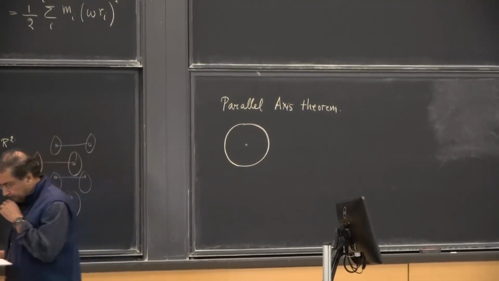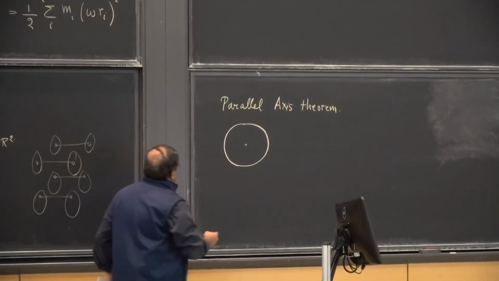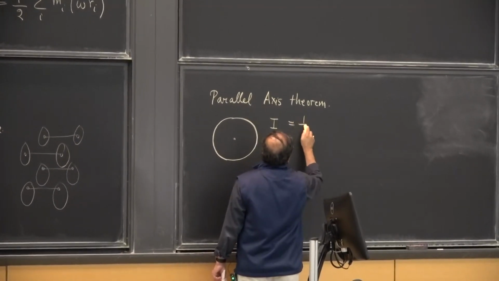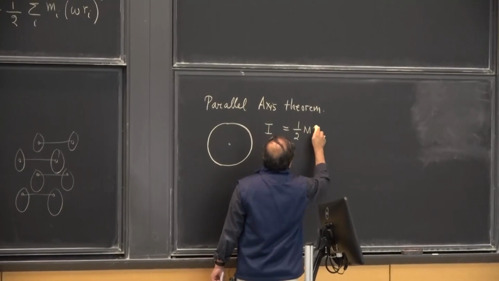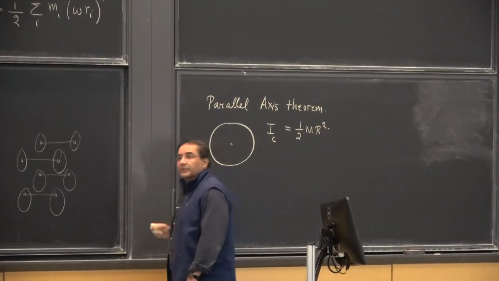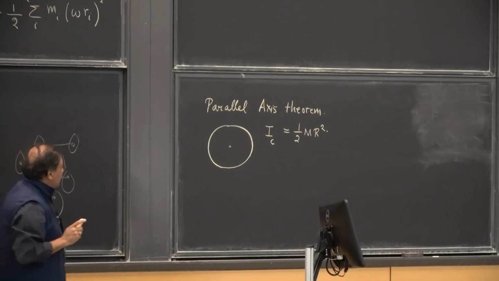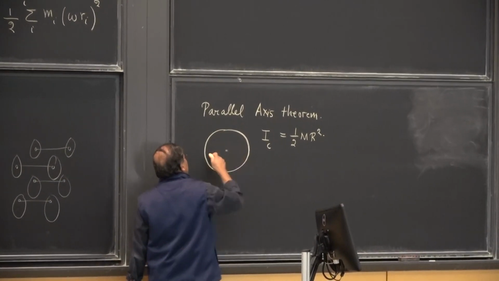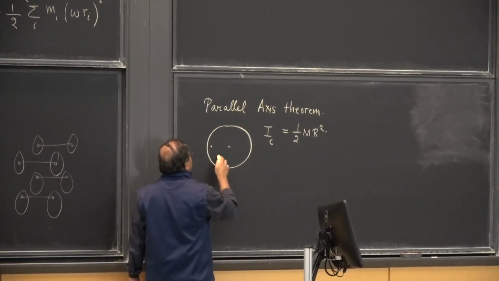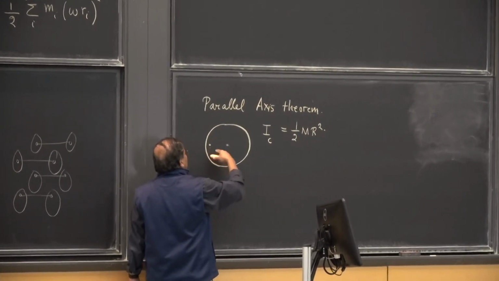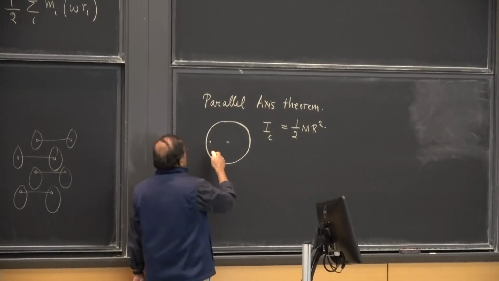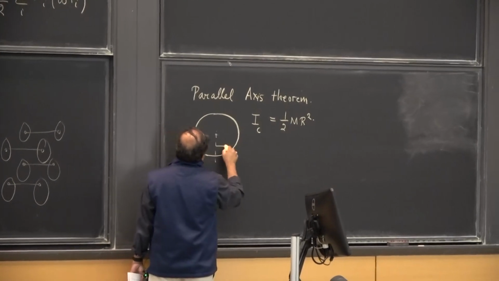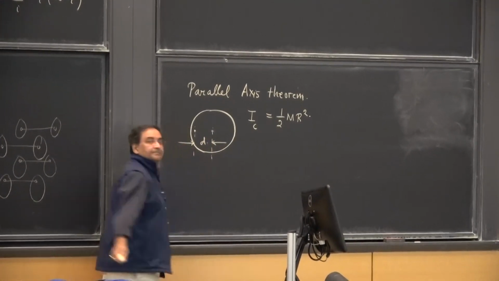I already told you that the moment of inertia of a disk about the center, let's call it IC, is 1/2 its mass times the radius r squared. The question now is, if I change the position of the axis through which it's rotating to here, or some other point, how will I calculate the moment of inertia of the same object about that axis?